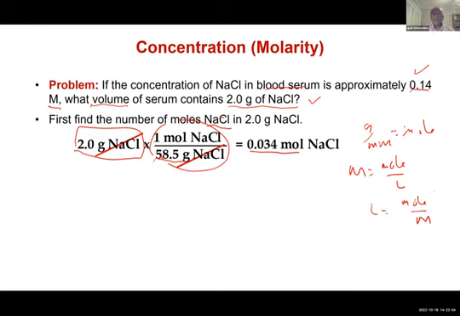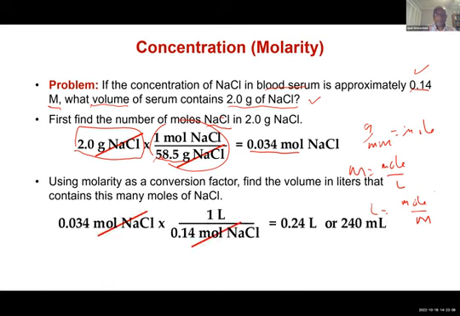Therefore, the next conversion factor is moles times 1 over the molarity, which is the same as dividing. So you get that the serum solution is 0.24 liters or 240 milliliters. That's how you answer the question.